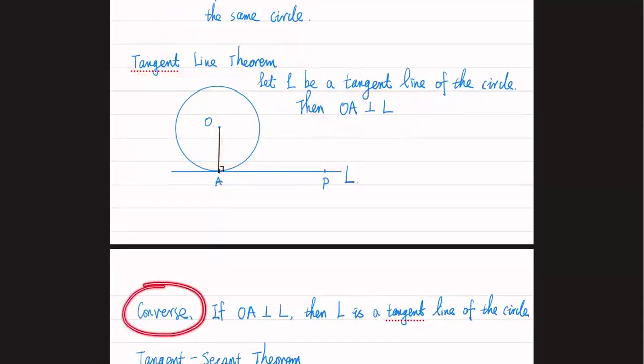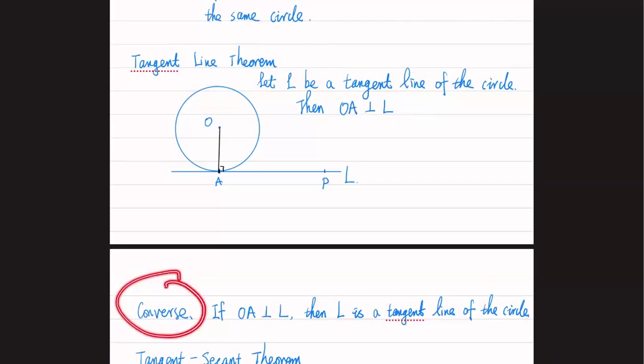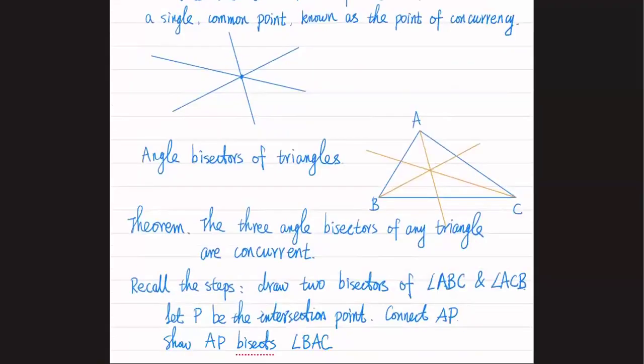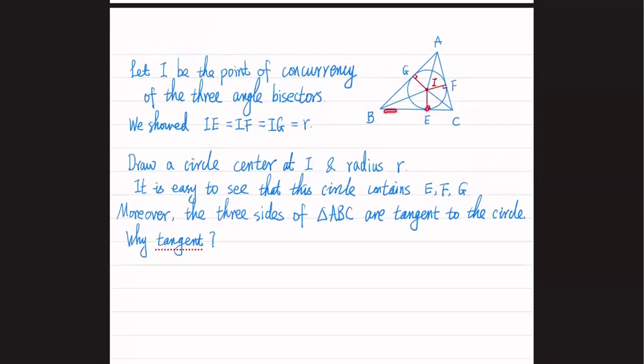But the converse says if this is perpendicular, it must be tangent. So we will apply the converse of the tangent line theorem. Okay, I'm going back to where we are now. Why are they tangent? Because it's perpendicular, perpendicular, perpendicular.